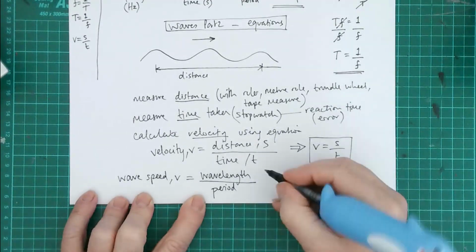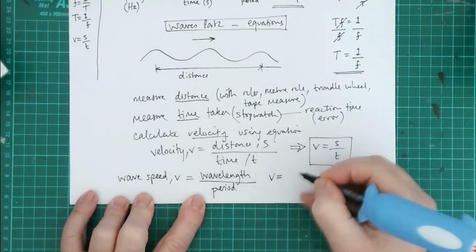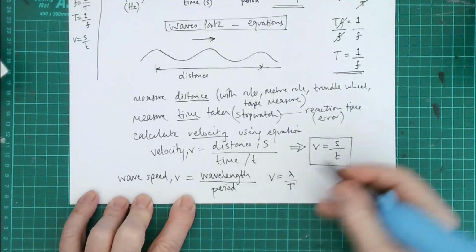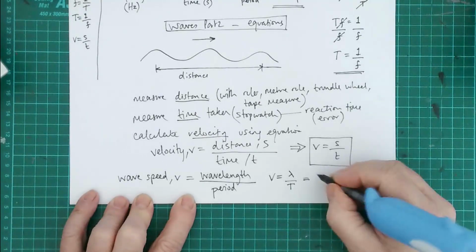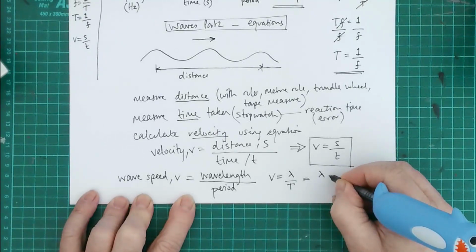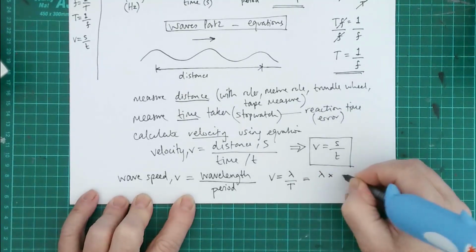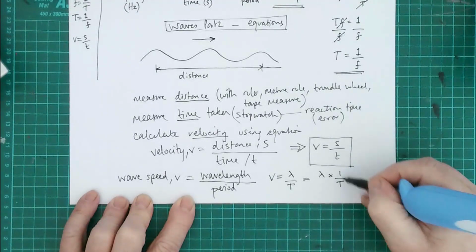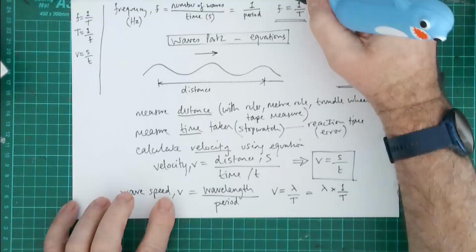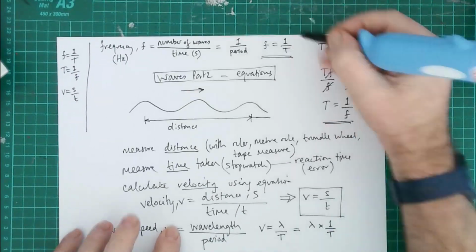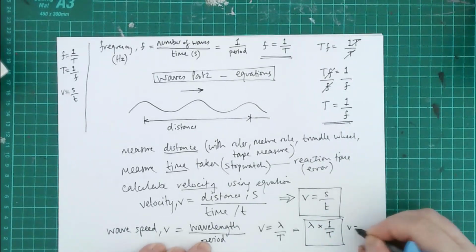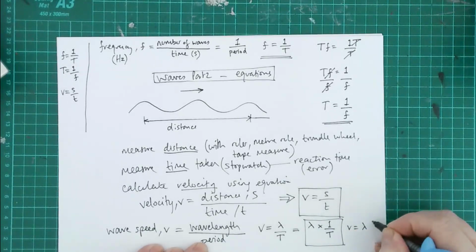We've now got v equals wavelength divided by period. I can expand this, I can separate these two things out as wavelength multiplied by 1 over T, and we know that 1 over T is the same thing as frequency. So I can now rewrite this as v equals wavelength times frequency.